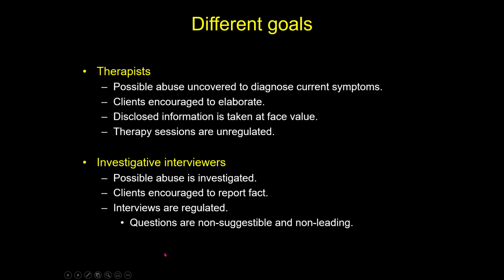And also, when we're extracting information from witnesses and victims, we want to do that in a very controlled way and make sure that we're not doing anything that is suggestible or leading. We want to make sure that we're not doing anything that could influence the testimony someone's providing.